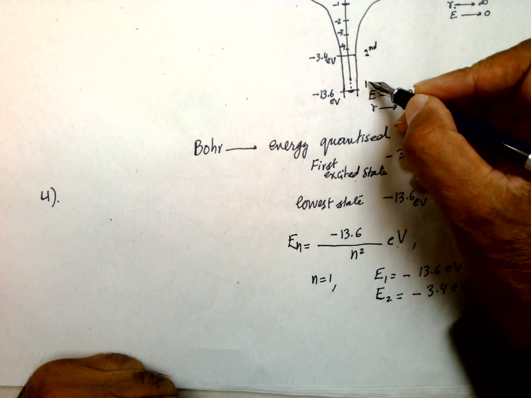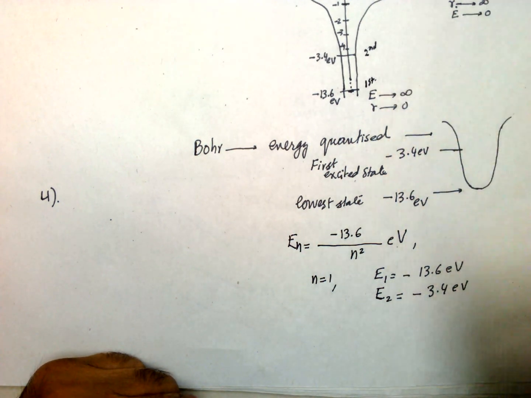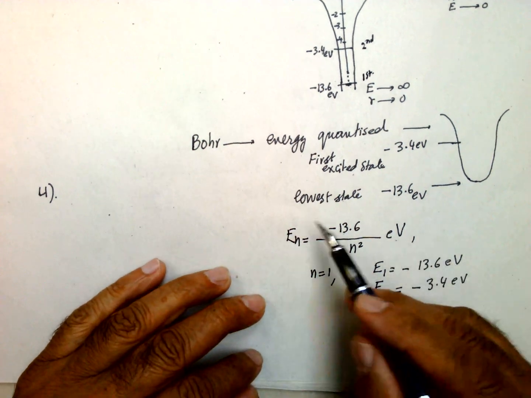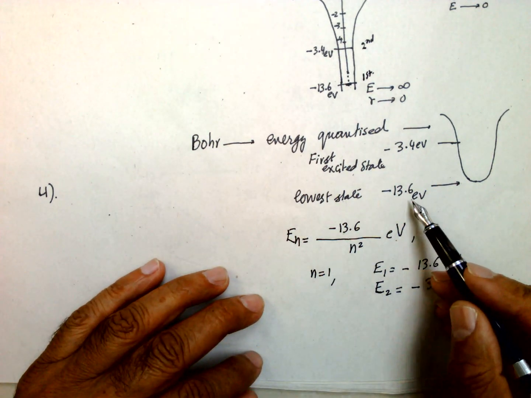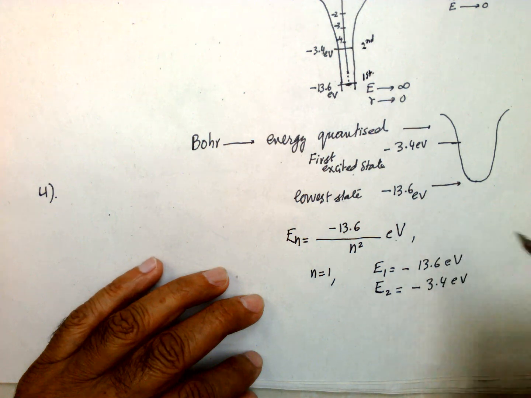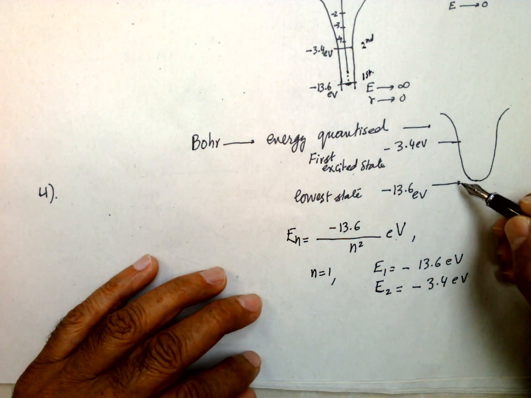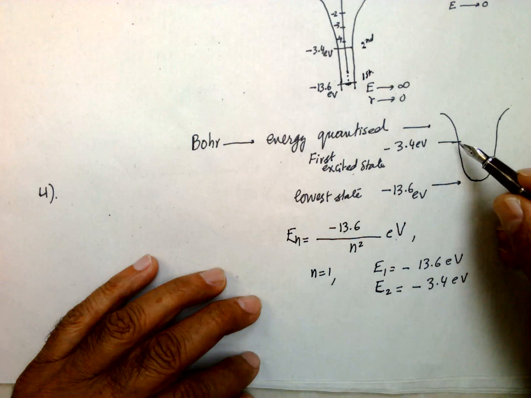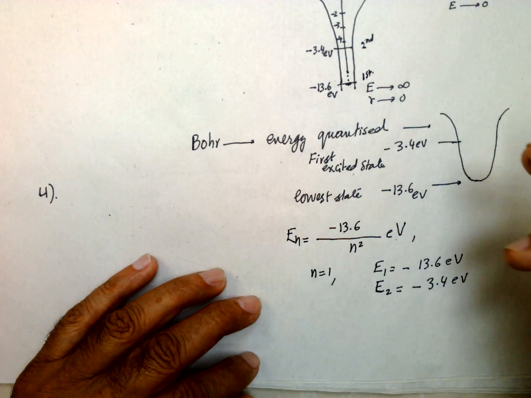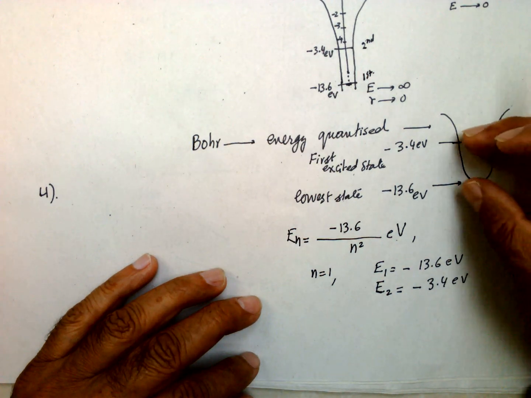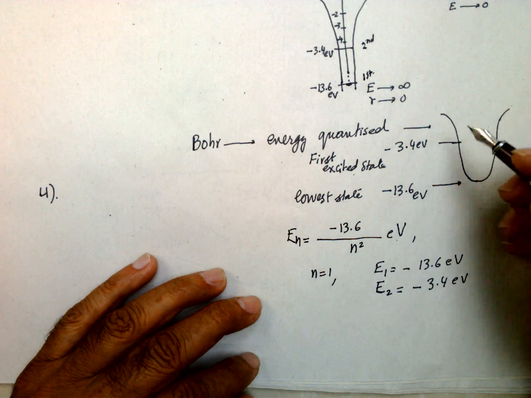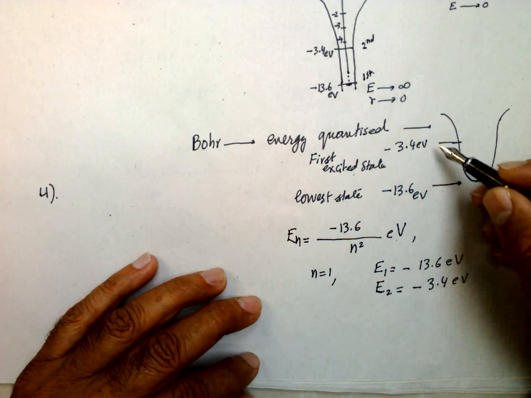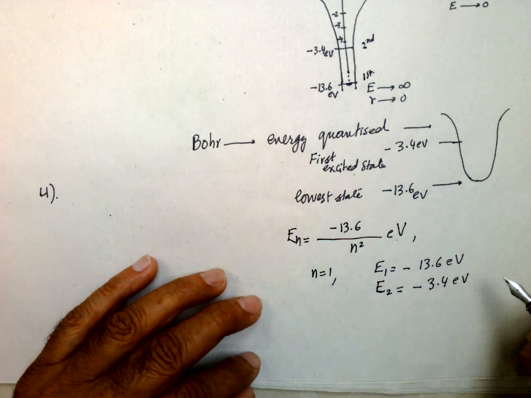If the electron is given enough energy, it can shift from the lowest to the first excited state, with the energy difference supplied between these two levels.